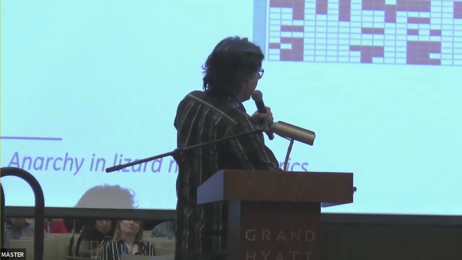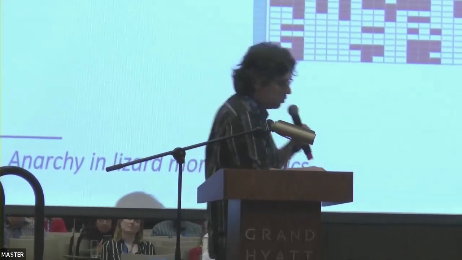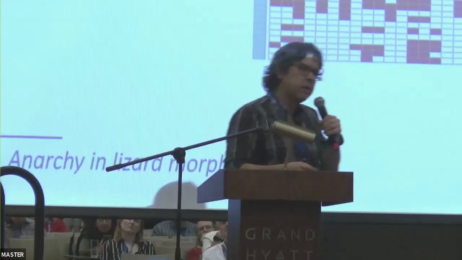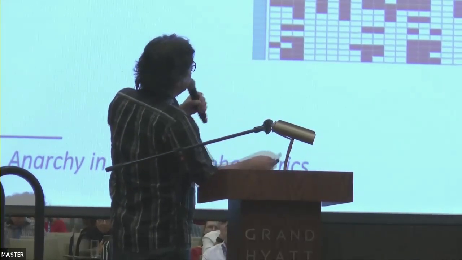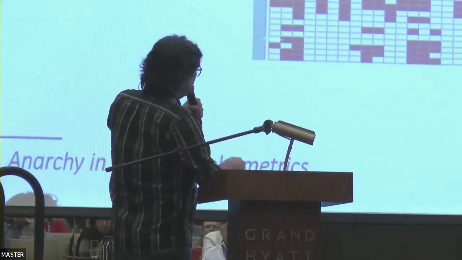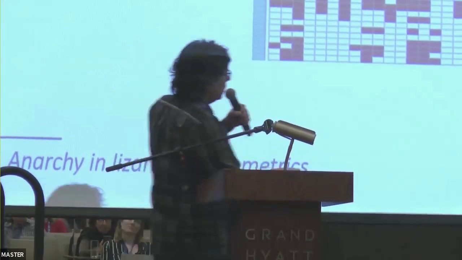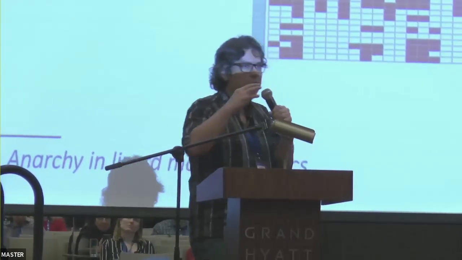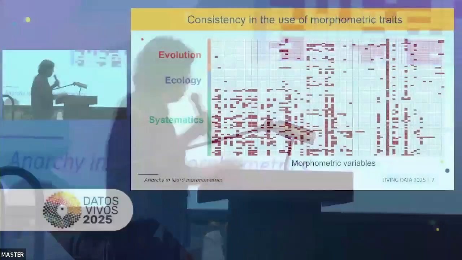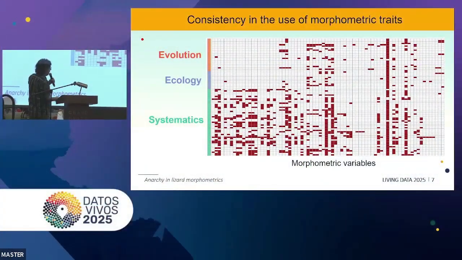On the x-axis, we see all the morphometric variables, because we unified more than 70 of them. And here, the different studies, and you can see that not every study uses the same morphometric variable, nor are they combining or sharing the same variables at different levels.